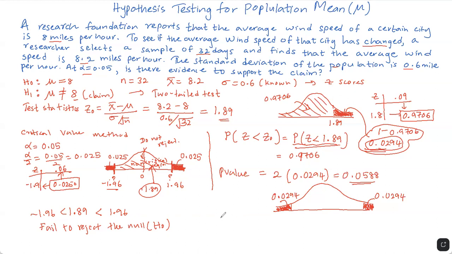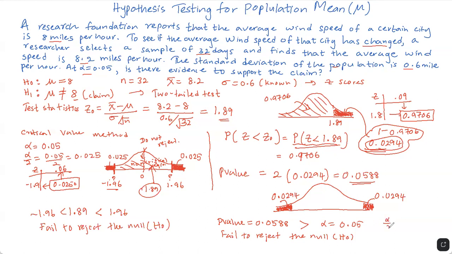Let's look at the p-value. The p-value is 0.0588. So we compare this p-value with alpha. Alpha is 0.05. Which one is bigger? The p-value is bigger, right? If the p-value is bigger than the alpha value, then we fail to reject the null, H naught. Because on this side, the left tail, you have 0.0294, right?